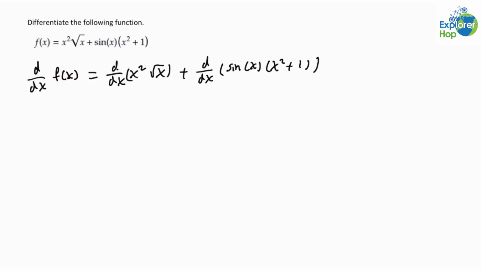So to find the derivative of the function x squared times root x, we're going to apply the product rule.